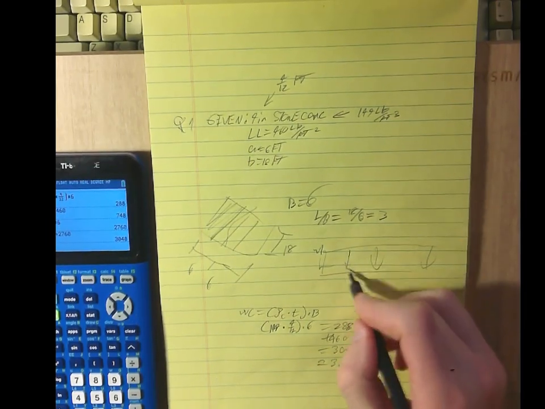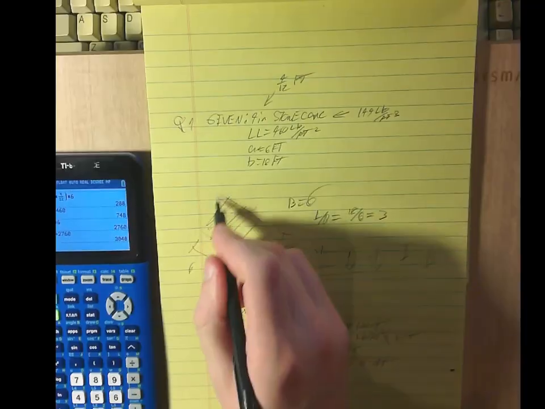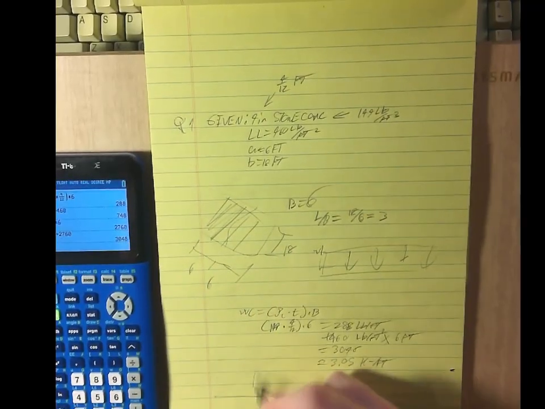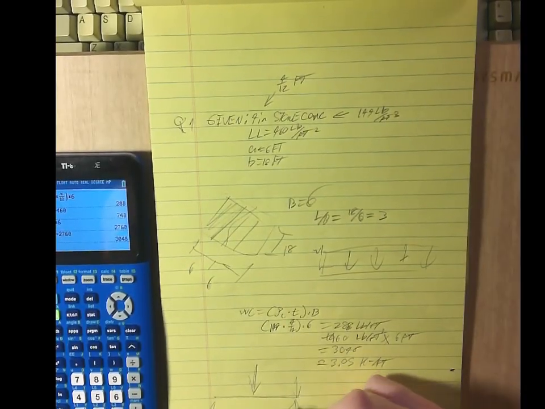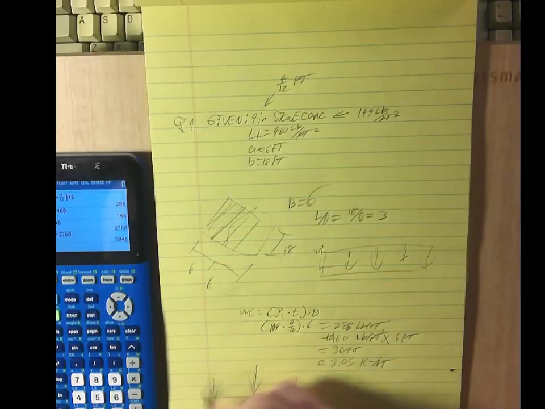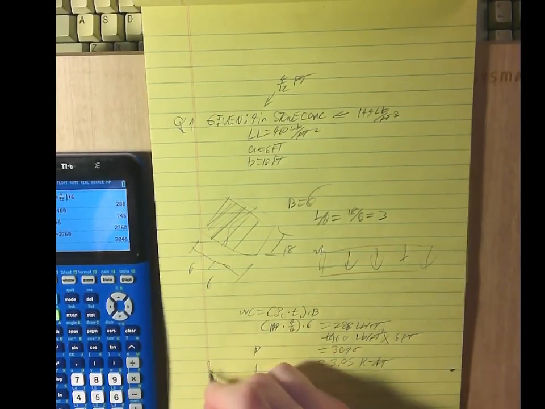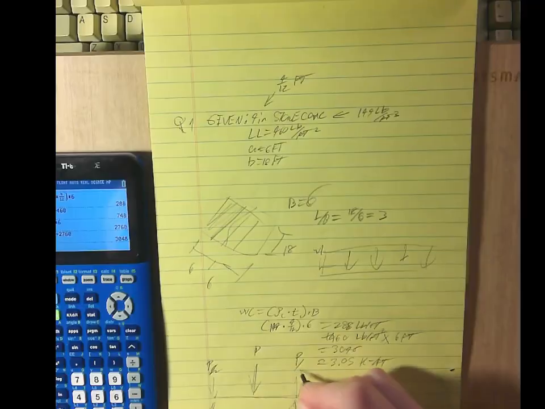And what's this over here going to look like? Same as the other one. We have these supports, except it's actually going downward, which I don't quite understand yet. But this is P over 2, and that's P over 2.